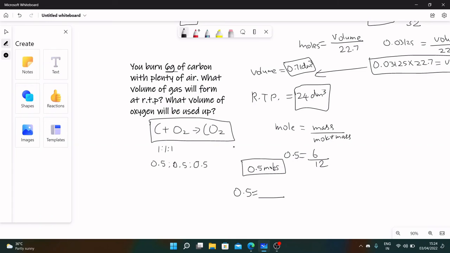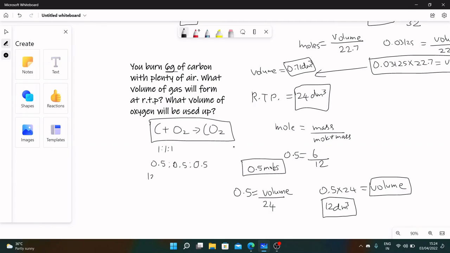So 0.5 moles, and at RTP we have 24, so we'll do 0.5 into 24 to get the volume. It will occupy 0.5 into 24 is 12 dm cube. It's half of the value. So 0.5 moles or 6 grams of carbon occupies 12 dm cube.